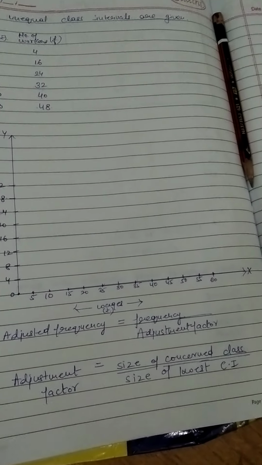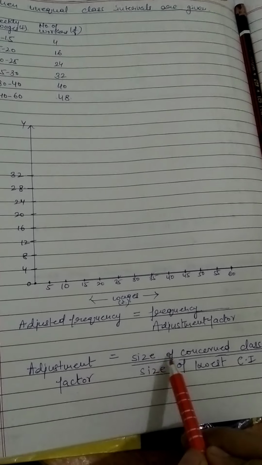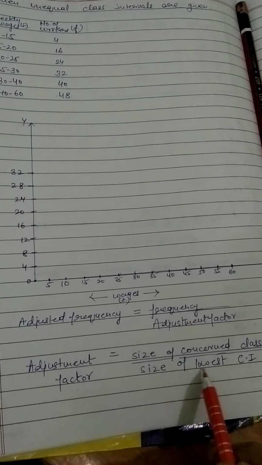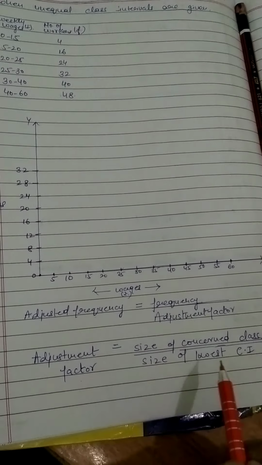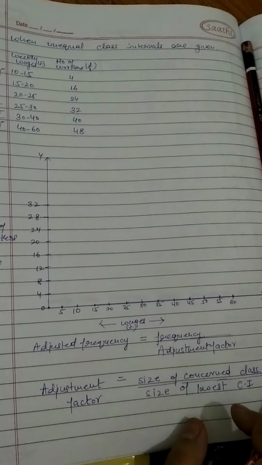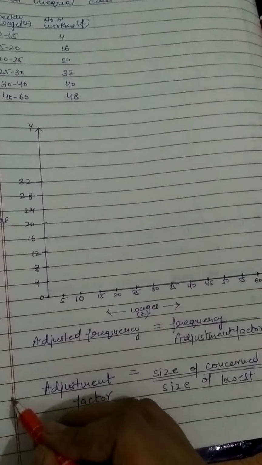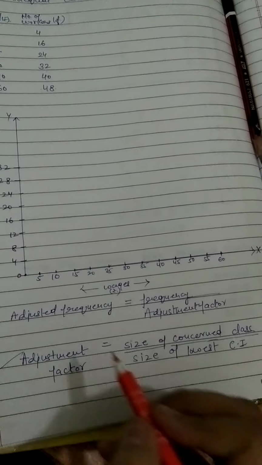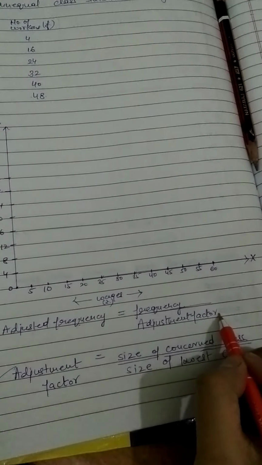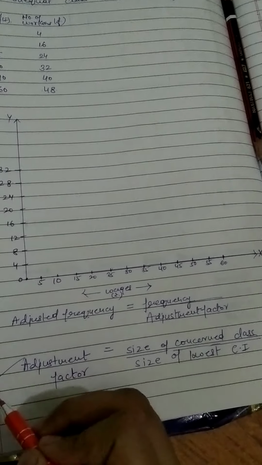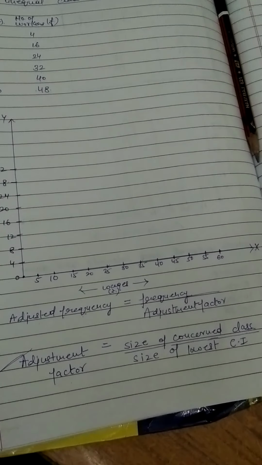So adjustment factor is equal to size of concerned class upon size of lowest class interval. This you will understand while I explain. So first we will find adjustment factor, because to adjust the frequency we need adjustment factor.